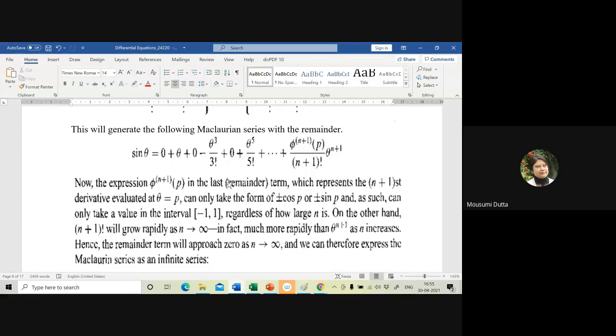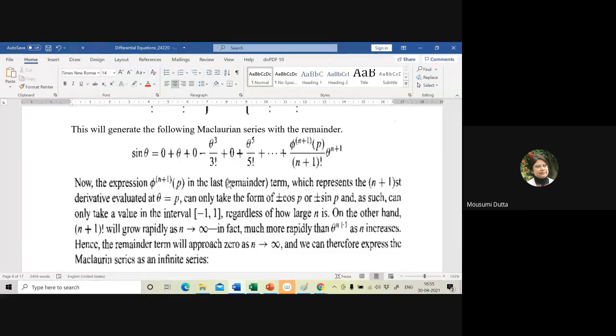However, I am mentioning that since the denominator comes in terms of factorial, the denominator will grow at a faster rate compared to theta to the power n plus 1. Now, in the numerator, that theta to the power n plus 1 is multiplied with some -1 or +1, etc. And the denominator is moving towards infinity very fast.